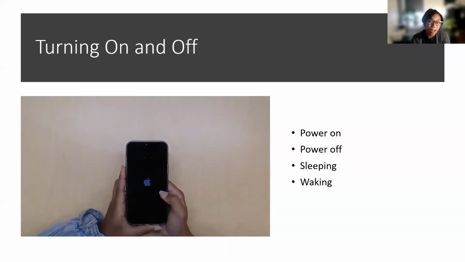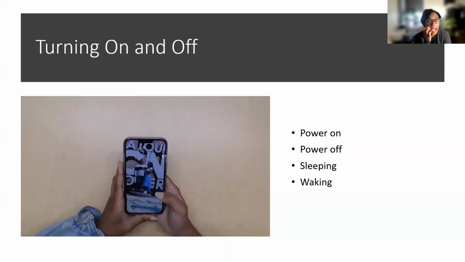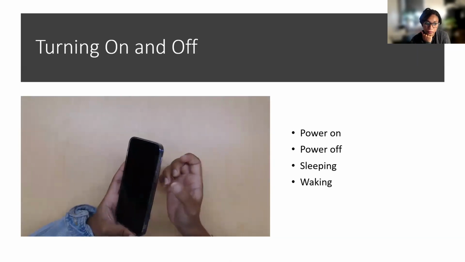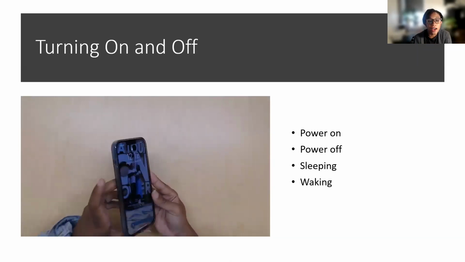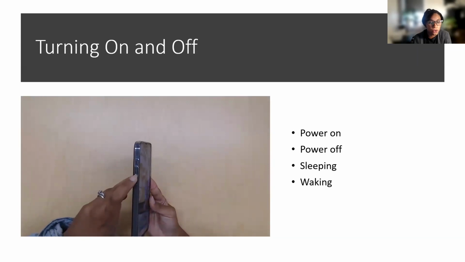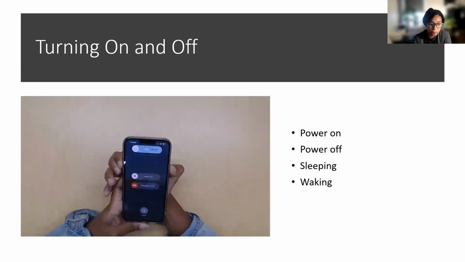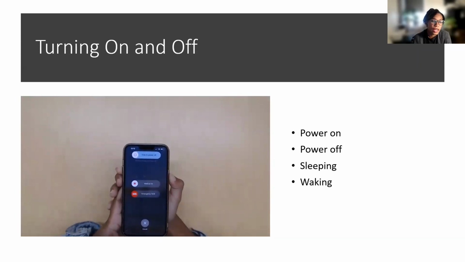Whenever you turn your phone on, you'll have to enter your passcode to unlock it. To turn your phone off on this model of phone, I have to hold the power button and the volume up button at the same time. And then this screen appears. From here, I need to slide this button by swiping to power it off.